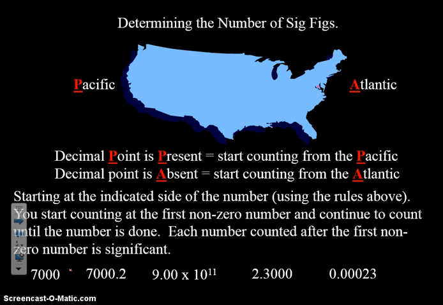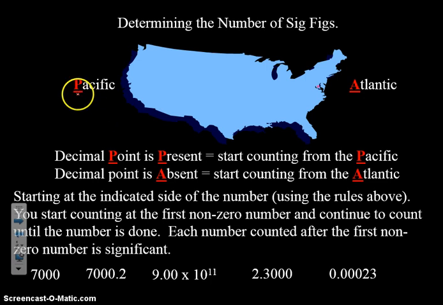So that's where we want you to be eventually. Now whether you get there using this trick or using the other set of rules doesn't matter to me. It depends on how your brain works. So whichever one works for you is just fine. Here's how this method works. You look at the number you're considering and decide if the decimal point is present with a P. If it is, you're going to start counting from the Pacific Ocean side of the number. Remember, Atlantic is on this side, Pacific is on this side.